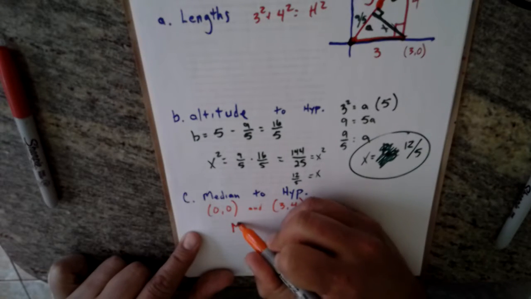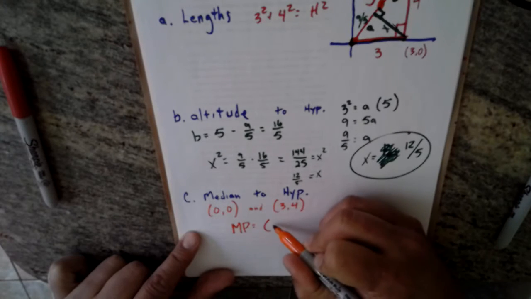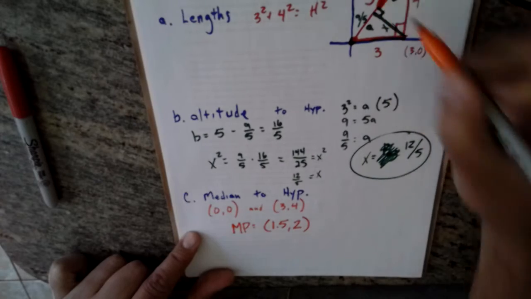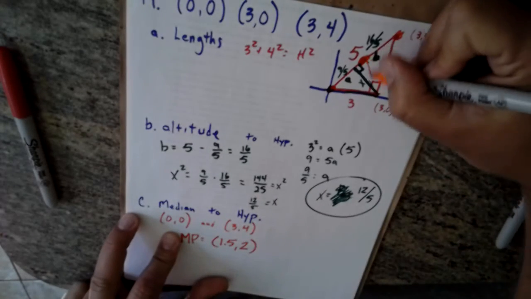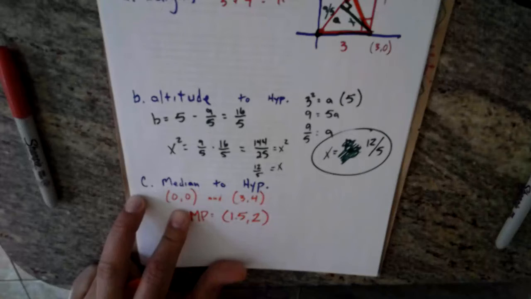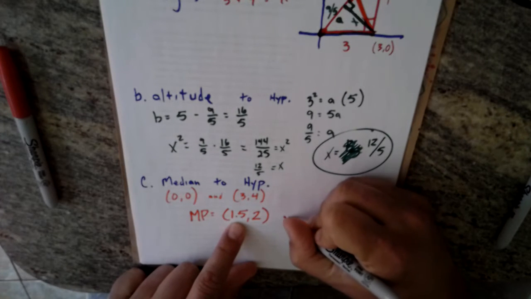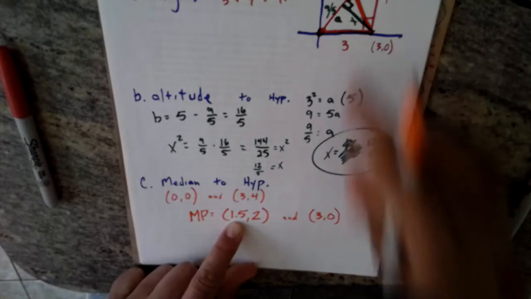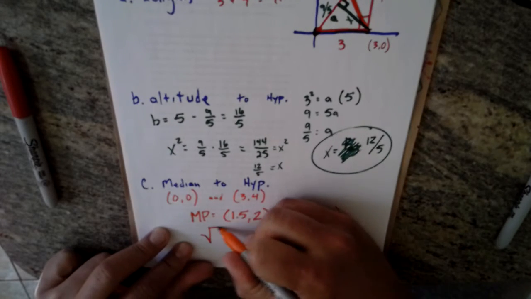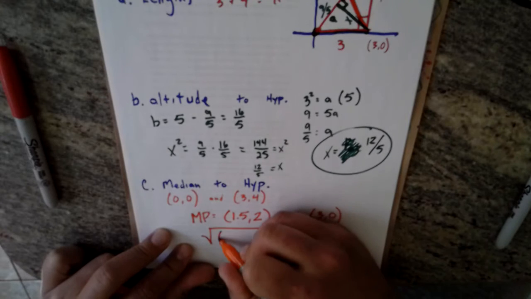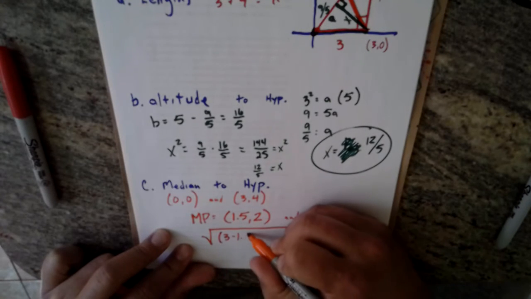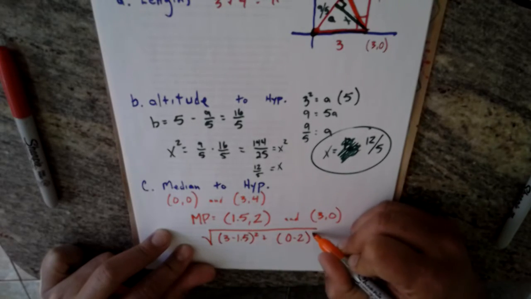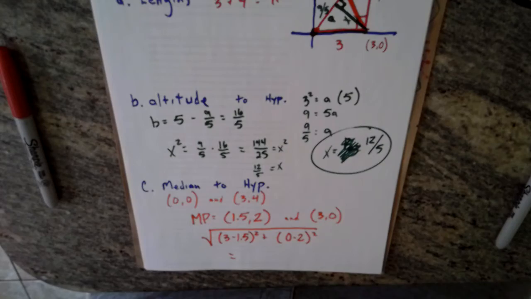So the midpoint is (1.5, 2). That's this point right there. Then to find the median, I have to find the distance from this point to the other vertex right here, (3, 0). That's going to be the distance formula. So it's the square root of (3 minus 1.5) squared plus (0 minus 2) squared.